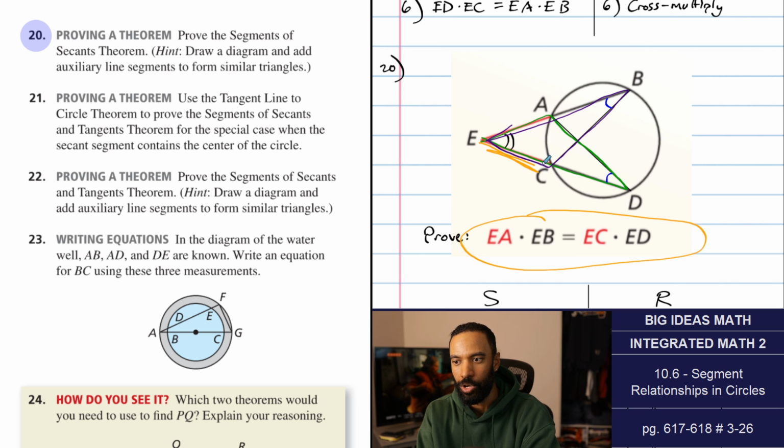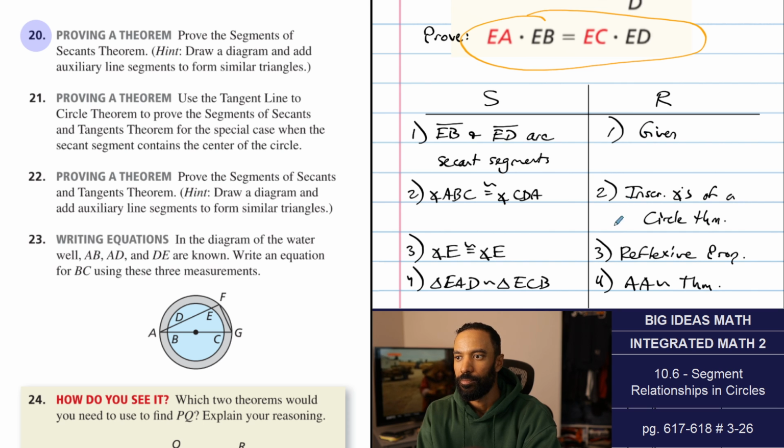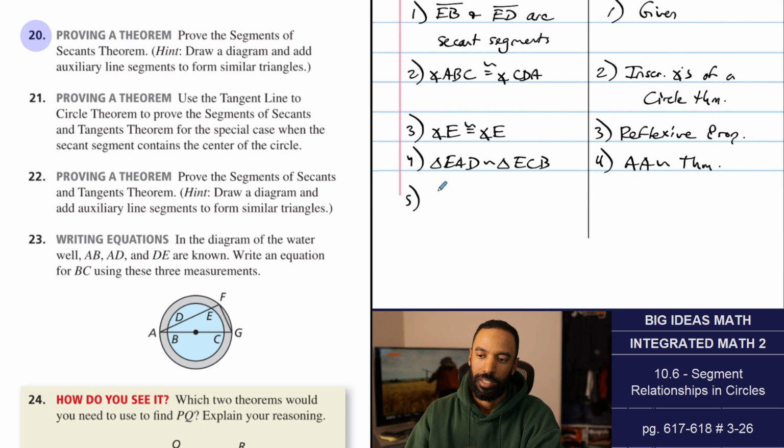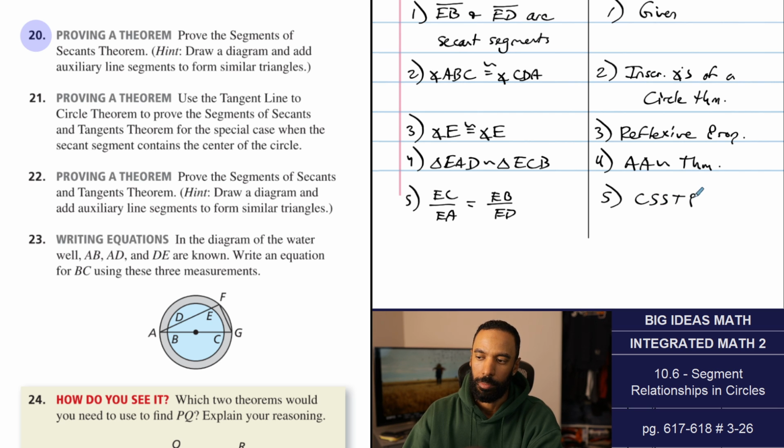EC over EA equals, go back to the purple triangle, EB, and then back to the green triangle, ED. So EC over EA equals EB over ED. Corresponding sides of similar triangles are proportional.